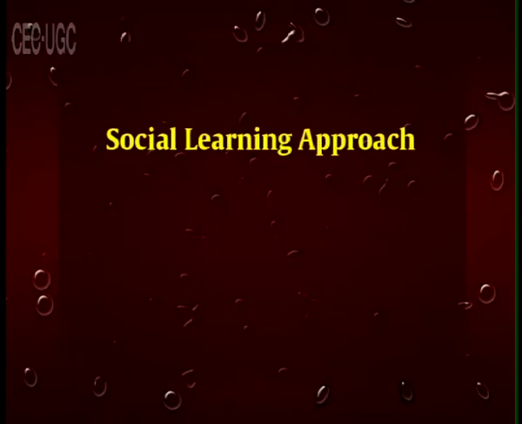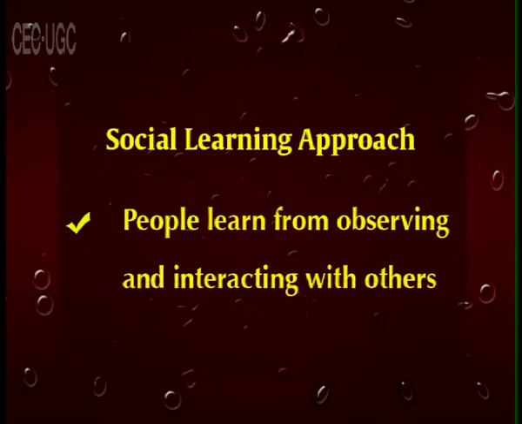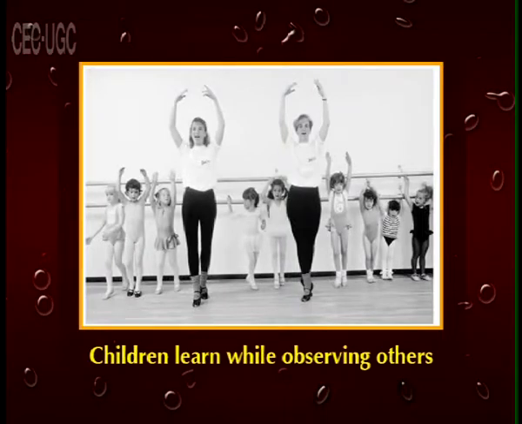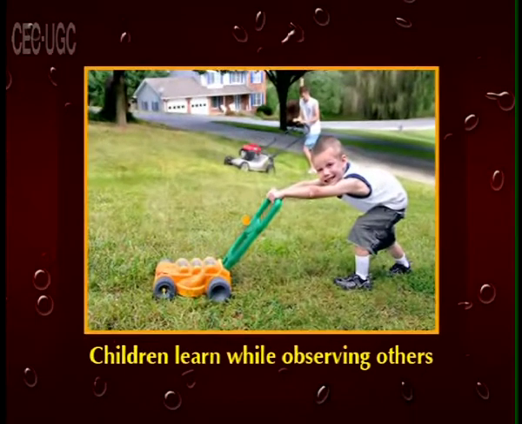Now, the social learning approach. This learning approach is based on the belief that people learn from observing and interacting with others. The interaction takes place in a social context. One learns through observation by incorporating and imitating the behavior of others, taken as models belonging to one's social environment.